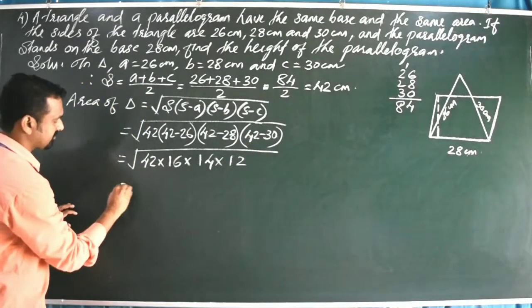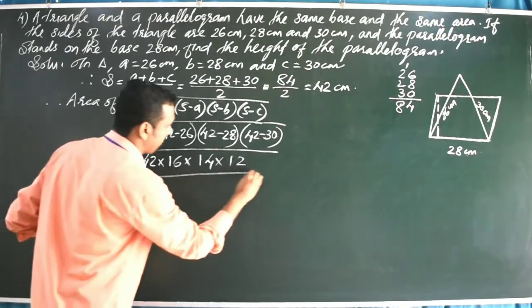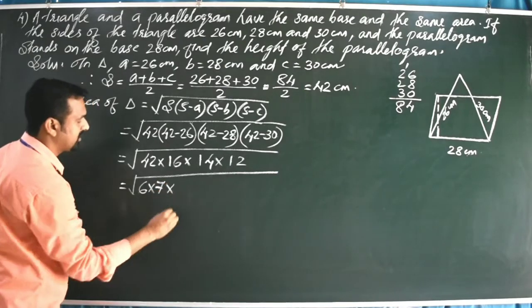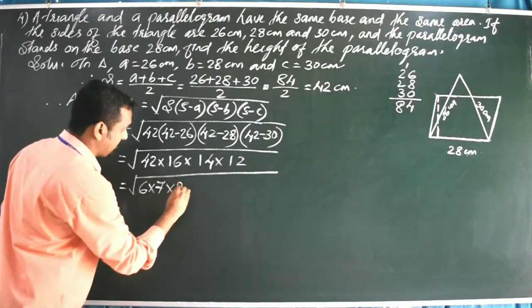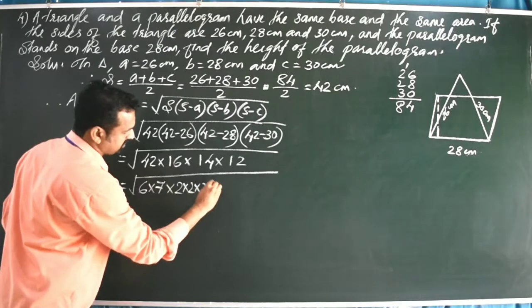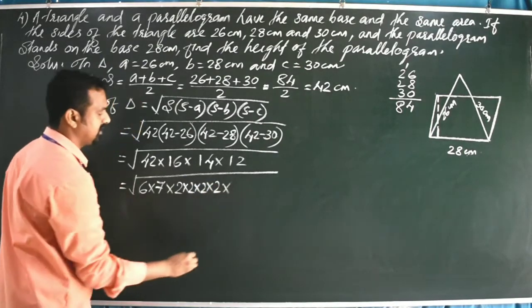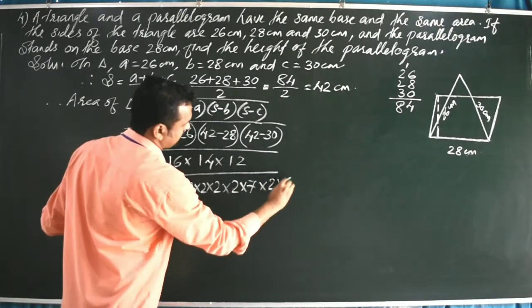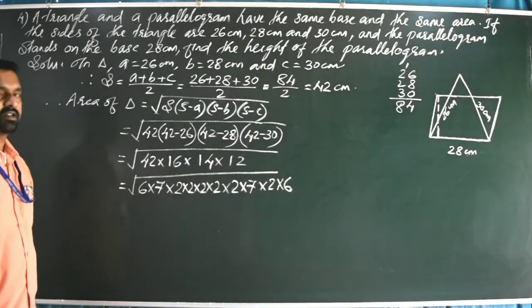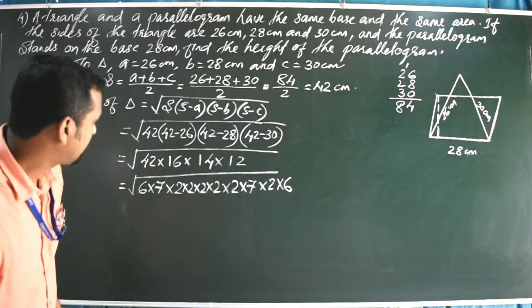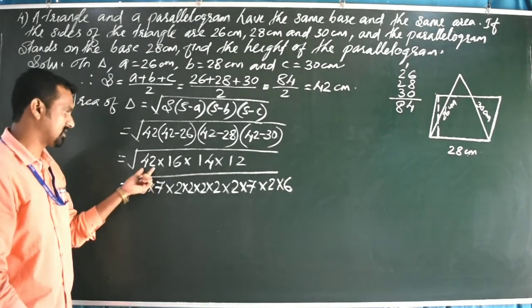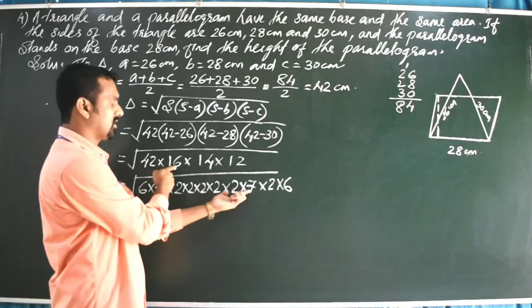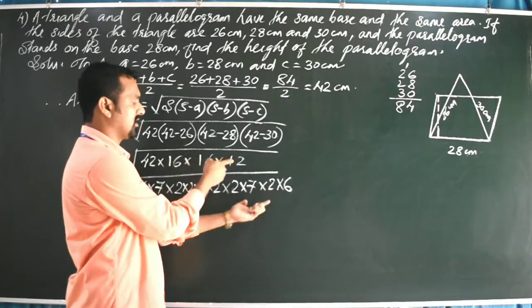Then, breaking into factors: 6 sevens are 42, 2 twos are 4, 4 twos are 8, 8 twos are 16, 2 sevens are 14, 6 twos are 12.